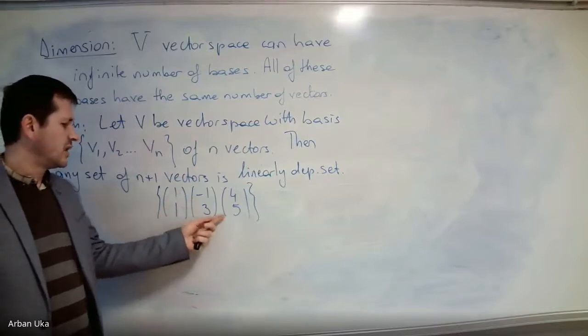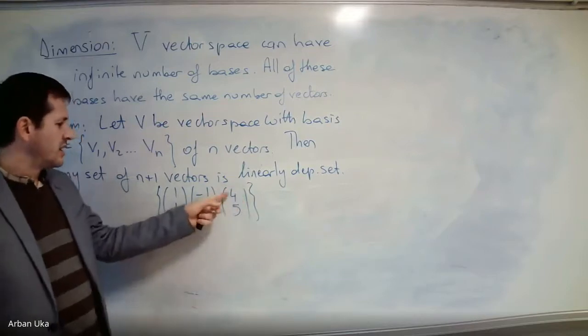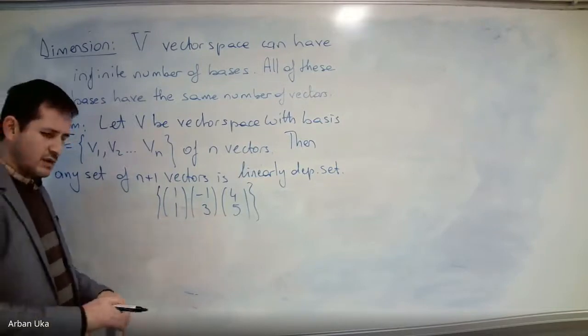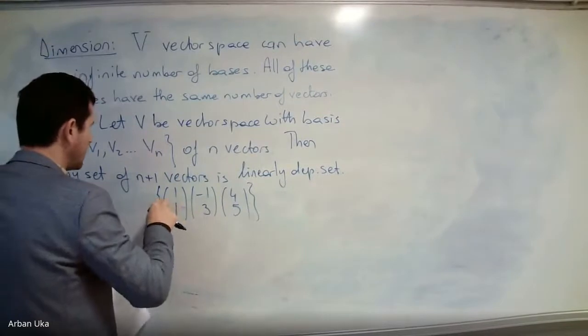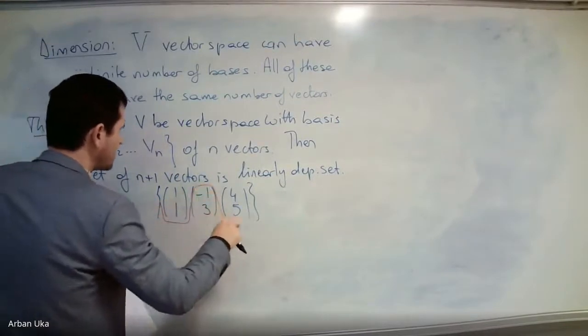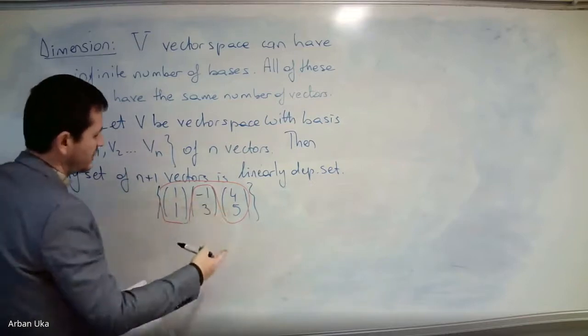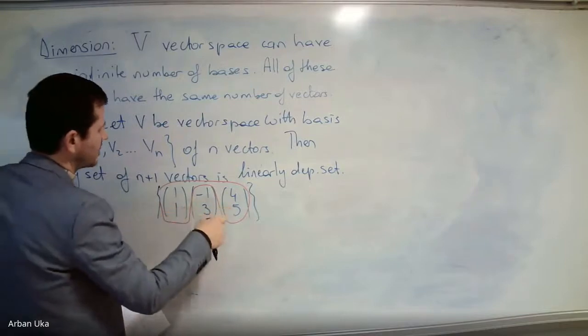But if you include 3 vectors, then for sure this is a linearly dependent set because (4, 5) can be written as a linear combination of these two. So where is the basis? In fact, this is a basis, which means that picking the first and the third, it is a basis, which means that (-1, 3) can be written as a linear combination of the other two.